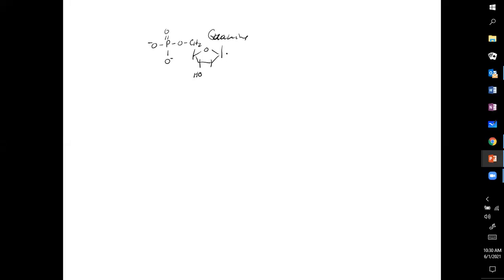If we number these, we've got 1', 2', 3', 4', 5'. What we're looking at here is a deoxyguanosine monophosphate.